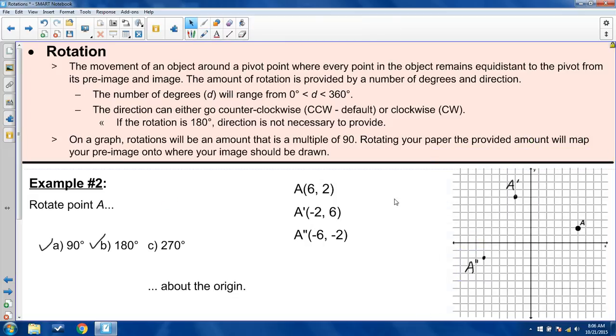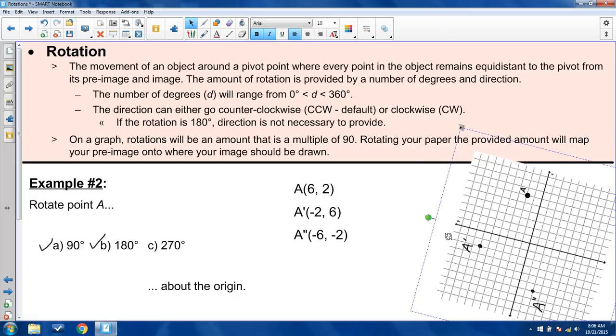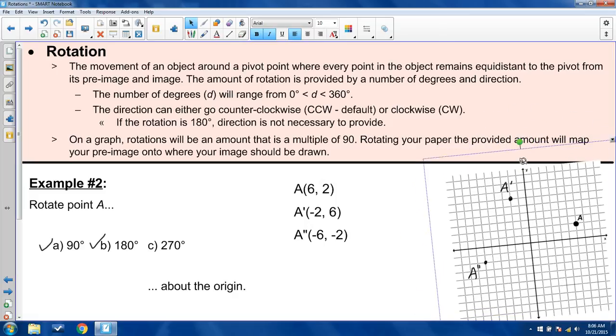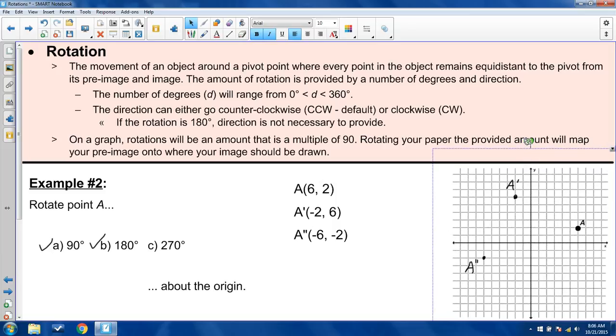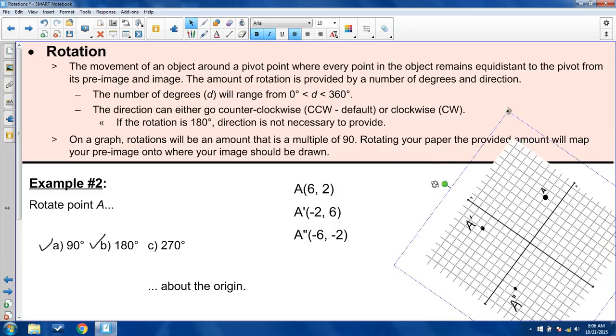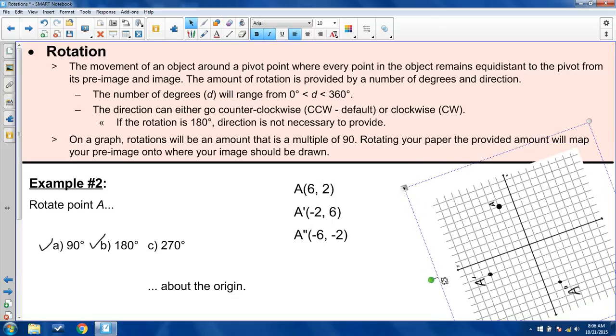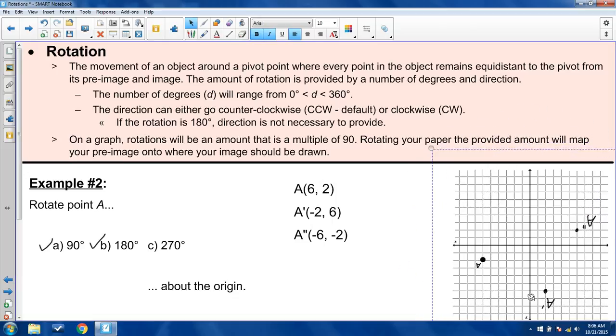What are the shortcuts involved as well? I want you to think about those. Some shortcuts, besides just 270 degrees fully over here. Think about what we said last time shortcut-wise. You could also do a 90-degree rotation about A double prime. You could also do a 180-degree rotation about A prime.